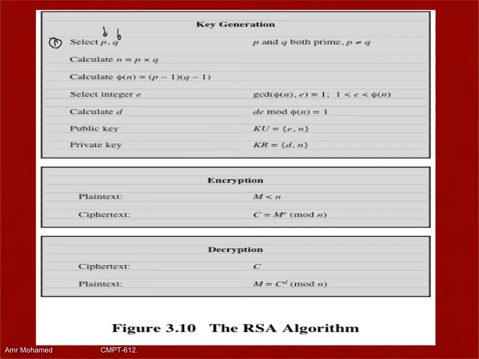Locally. And these are not to be shared. Those 2 numbers are not to be shared. And that's very important, and that's what actually simplifies the key exchange compared to symmetric key.